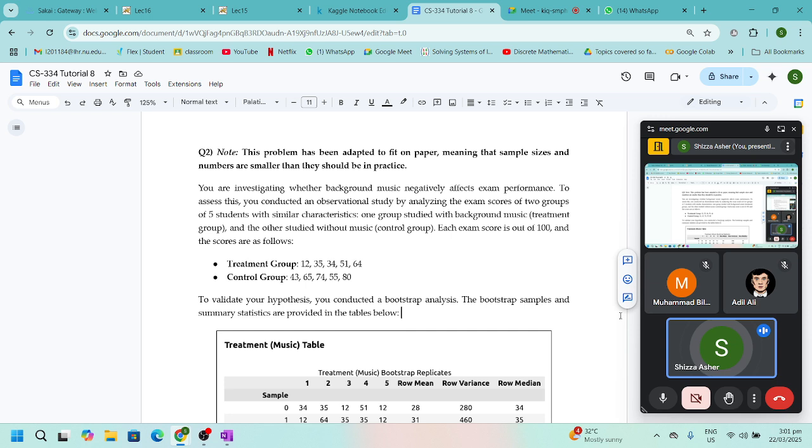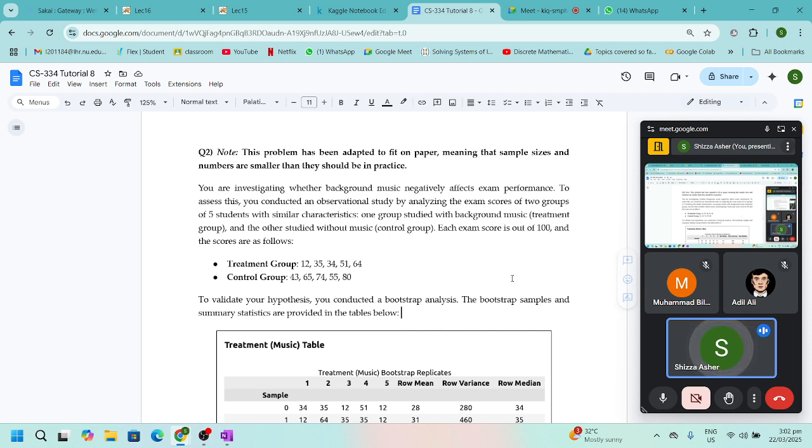Yes, this problem has been adapted to fit on paper, meaning that the sample sizes and numbers are much smaller than they should be in practice. Essentially, for bootstrap sampling, one of the requirements is that your samples should be big enough to begin with. Because if your original sample is tiny, you can construct as many subsamples as you like, but you're not really gaining any useful information out of it.